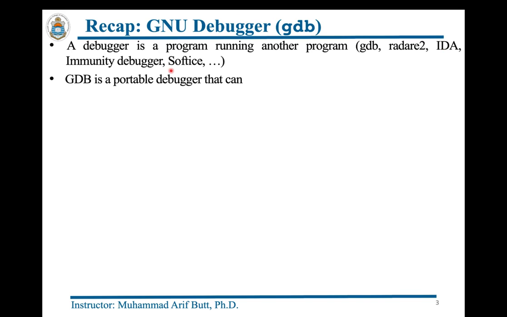In this course, we are using GDB, which is a portable debugger that can handle the assembly of processors like IA32, the AMD x86-64, ARM, Advanced RISC Machine, mostly used in embedded devices, MIPS, Microprocessor without Interlocked Pipeline Stages, and Sun Scalable Processor Architecture, SPARC.